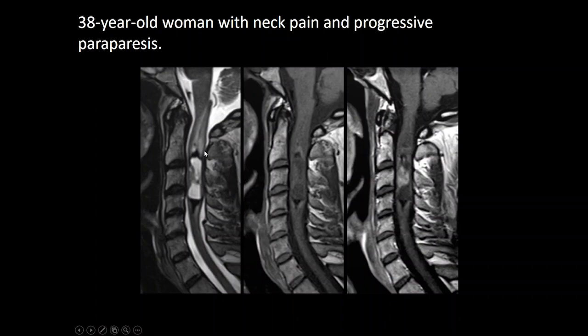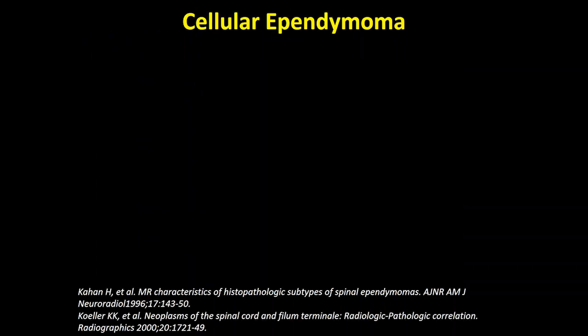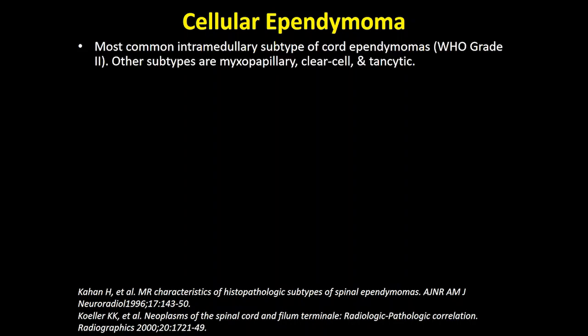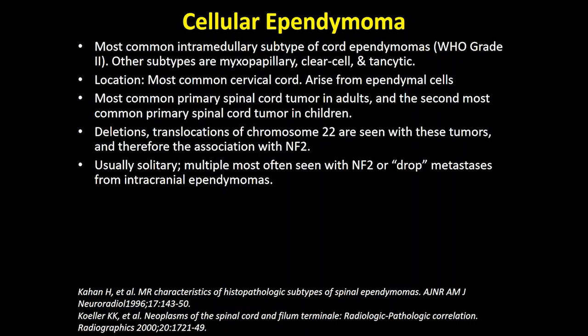Notice that the lesion demonstrates susceptibility along the cranial, and the caudal aspect of the lesion demonstrates enhancement, and therefore, given these imaging features, the diagnosis will be that of ependymoma, specifically cellular ependymoma, which is the most common type of intramedullary cord ependymoma, often seen in the cervical cord, is described as being multi-segmental but solitary.